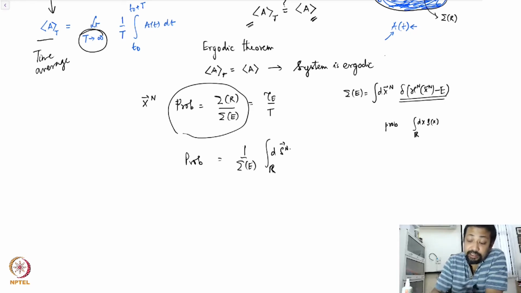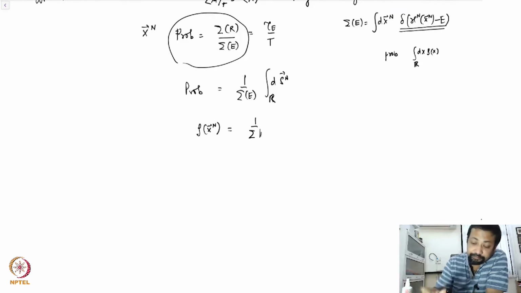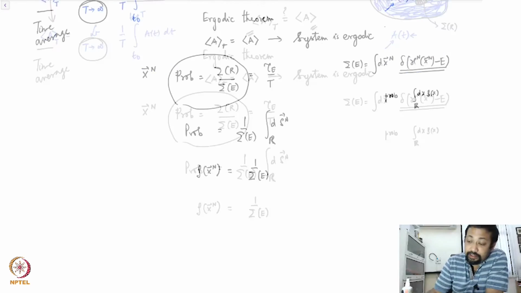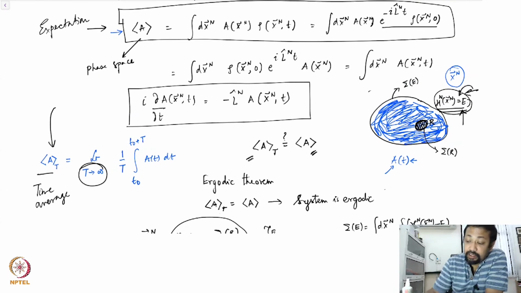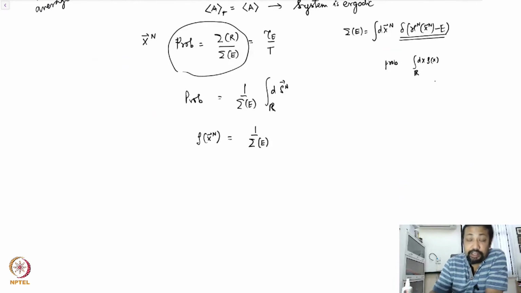And surprisingly, these two have a similar form, so we immediately read off that rho of xn is 1 over sigma E, where sigma E is the surface area defined by the isolating integral H of xn equal to E.